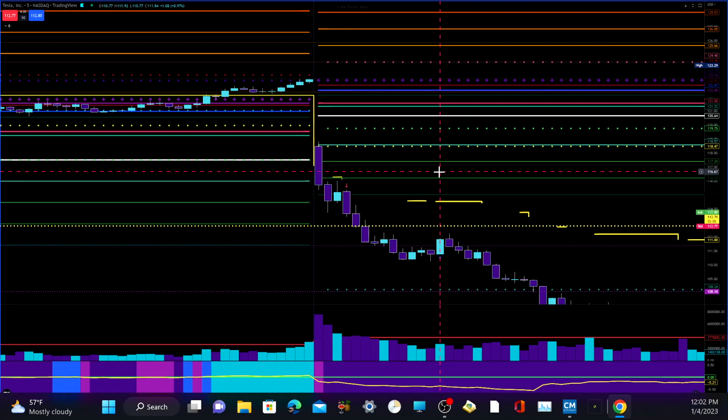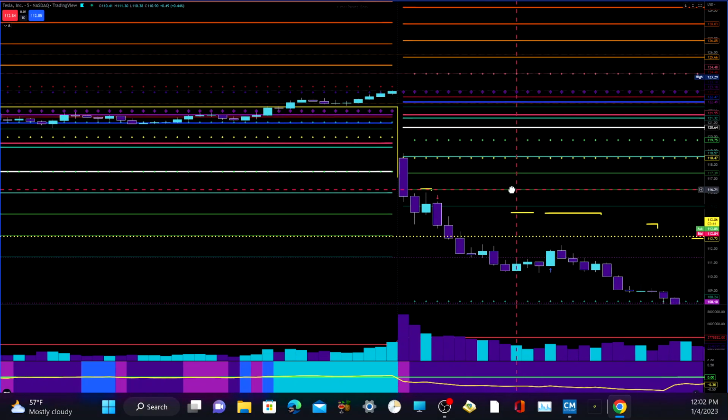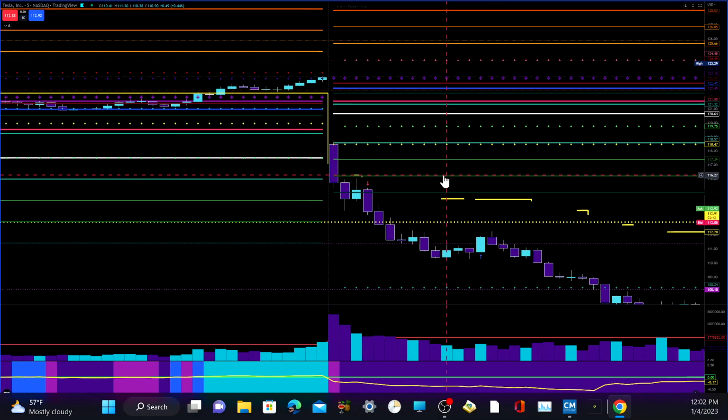I can't show live trades on TradingView. So I kind of simultaneously do the paper trading here as well, but I can't show proof of this Tesla trade because every day the buy and the sell signals, like those arrows I'm showing you.